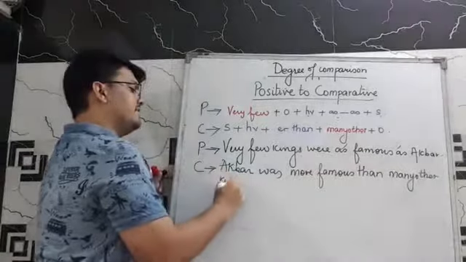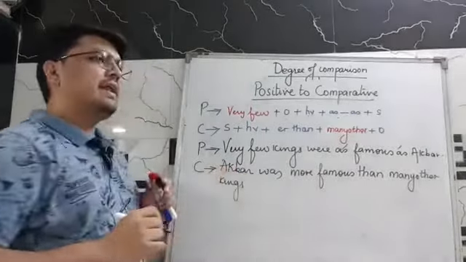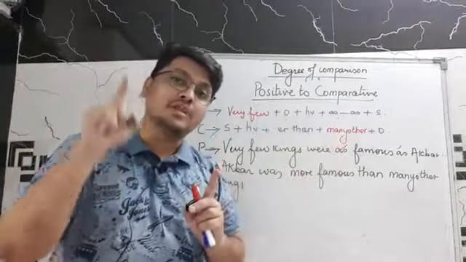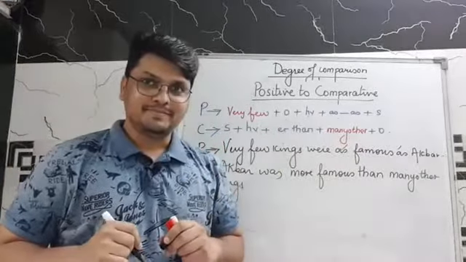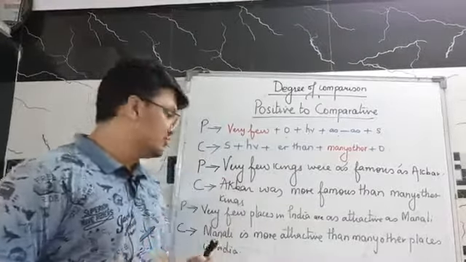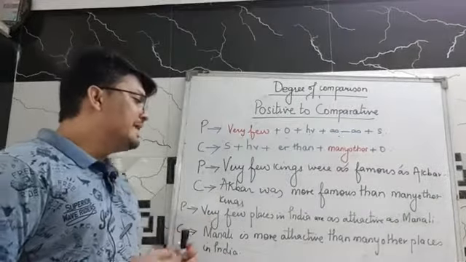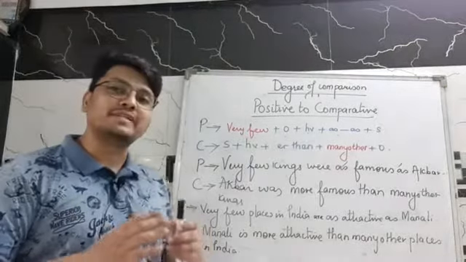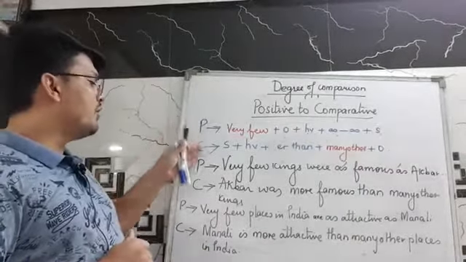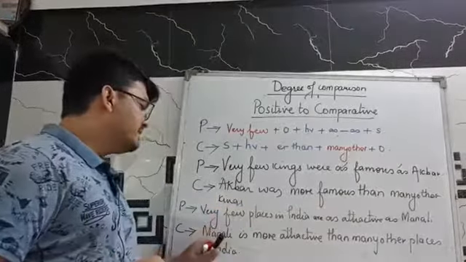So what is the meaning of this sentence, student? That among all other famous kings, Akbar was one of them. So this is the meaning of the sentence. Let's do example number 2. Very few places in India are as attractive as Manali. So same rule will be followed. Manali will come here.